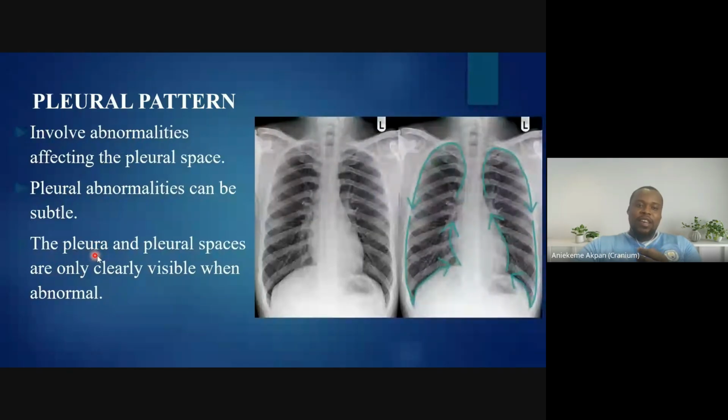Just like what is written here, the space is only clearly visible when it is abnormal. So even if you go to the abdomen, spaces like the posterior cul-de-sac or pouch of Douglas, you shouldn't see them until there's something there. But when something has more weight and tends to occupy more space, it tends to push the other structures to the other side, and then you can have what is called the mediastinal shift in the chest radiograph.